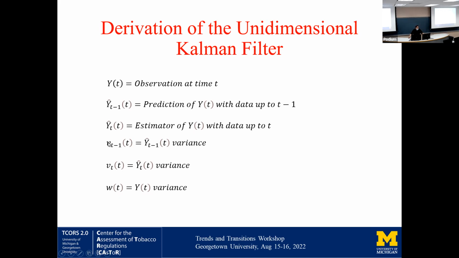So this is the variance of y t-1 at time t, and this is the variance of the estimator of the observation at time t with data up to time t, and this is what I'm going to try to make as small as possible.